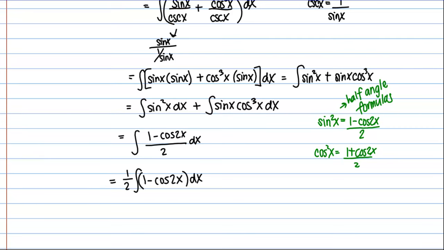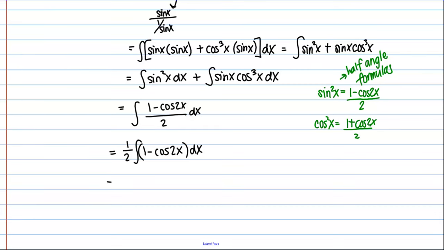And let's go ahead and evaluate that. Of course, the antiderivative of 1 is just x, and here I'm going to get a 1/2 sine of 2x. So now I just need to go back and take care of this other integral.